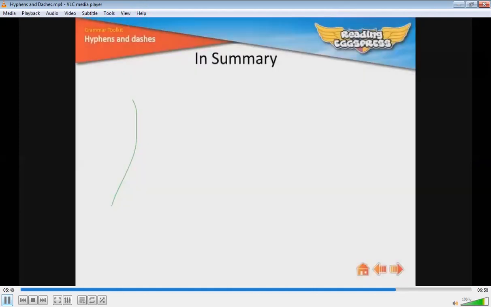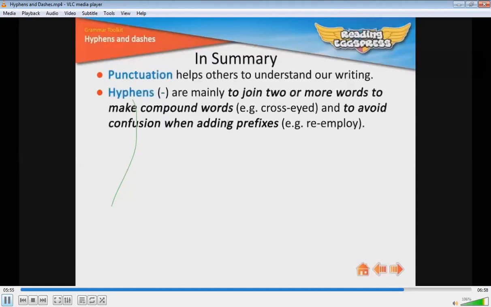Remember, punctuation helps others to understand our writing. Hyphens are mainly to join two or more words to make compound words. So hyphen for words only, not sentences. For example, cross-eyed, and to avoid confusion when adding prefixes.